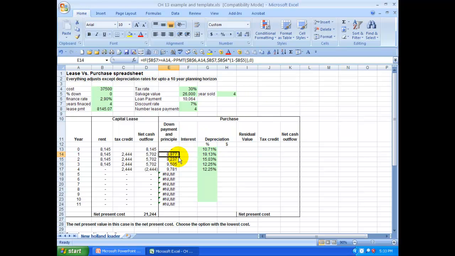And now I'm going to drag that all the way down, and you can see now that it did our 4 payments there.